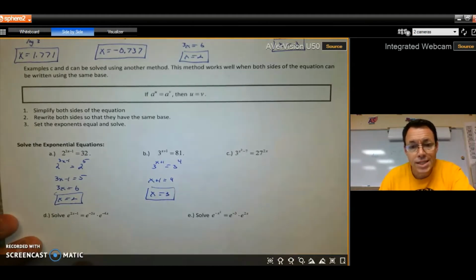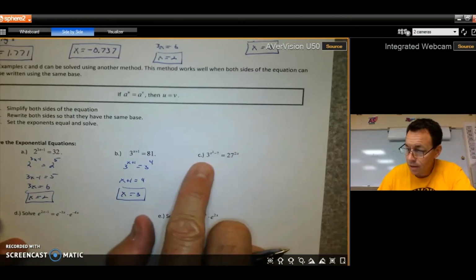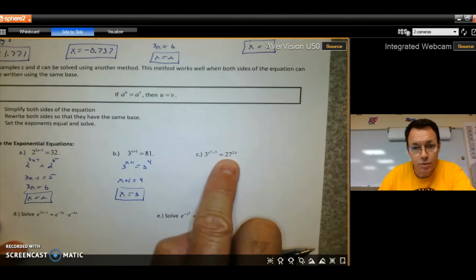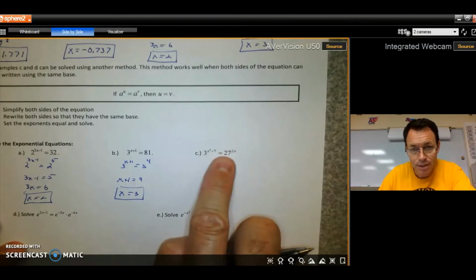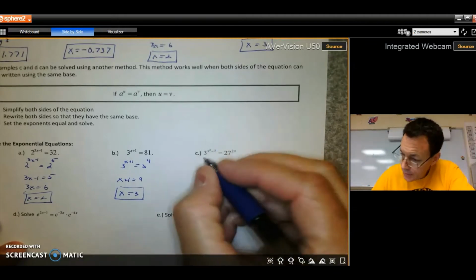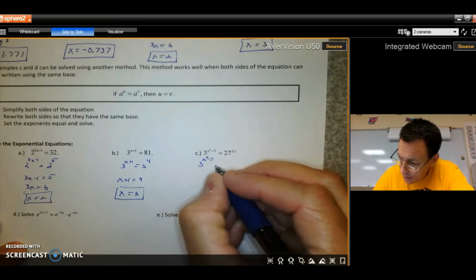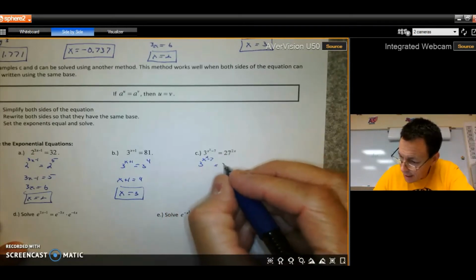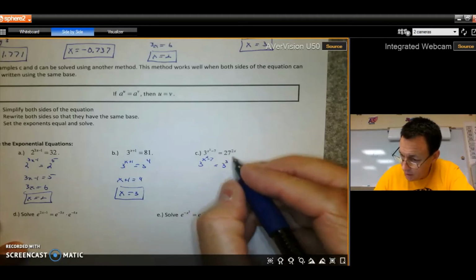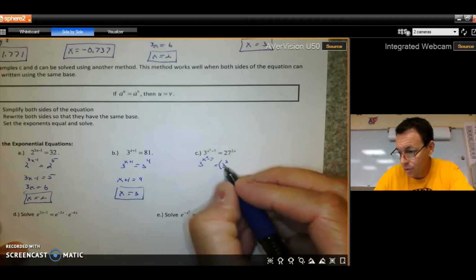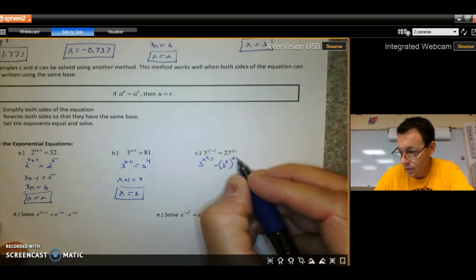Okay, look at D. I've got a base of 3, and then I have the number 27 over here. Well, the number 27 is 3 to the 3rd power. So if I leave this side as 3 to the x squared minus 7, and I rewrite this side as 3 to the 3rd power, now, the 27 is being taken to the 2x power, so my 3 to the 3rd is going to be taken to the 2x power as well.